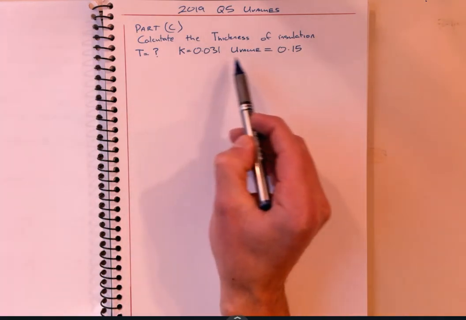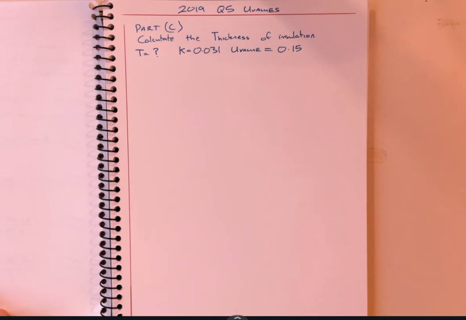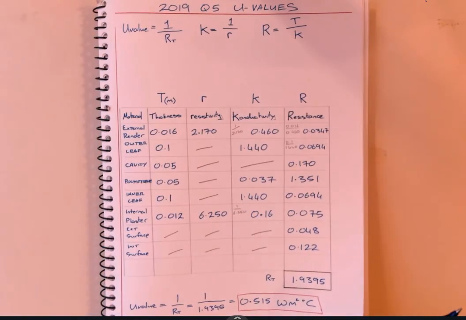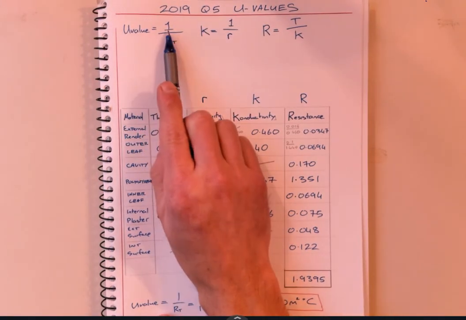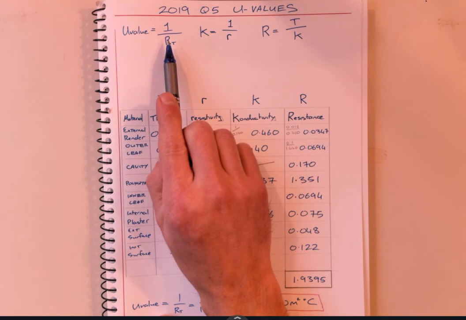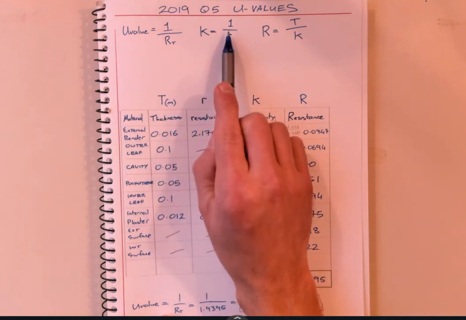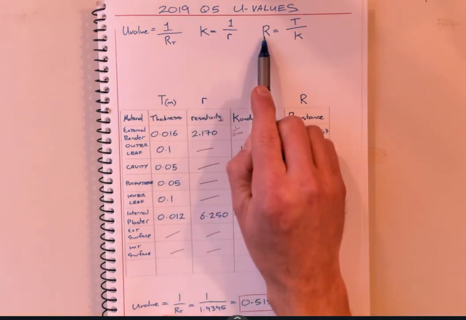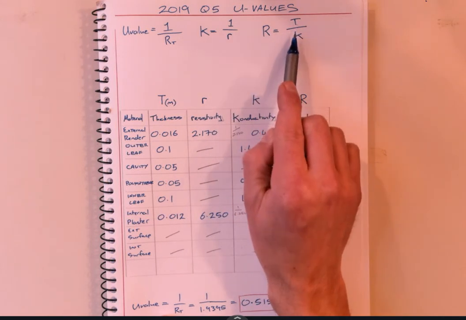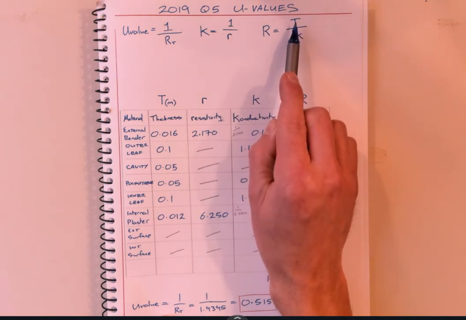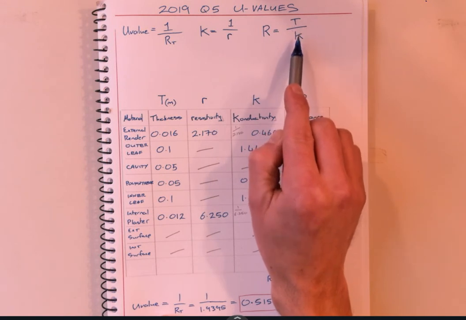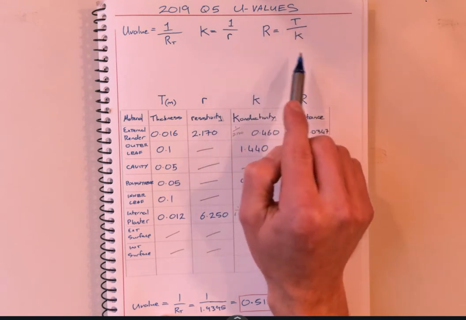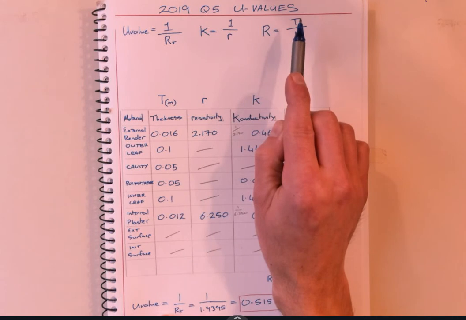As I look at these values, the first thing we do is go back and try and figure out what kind of formulas we are going to need. If we went back to part A of the question, we had three formulas: U value equals 1 over capital R, which is resistance, K equals 1 over resistivity, and R equals T over K. Straight away I see there's a T thickness and a K. We've been asked about both of those in the question, so that formula is absolutely going to be necessary.